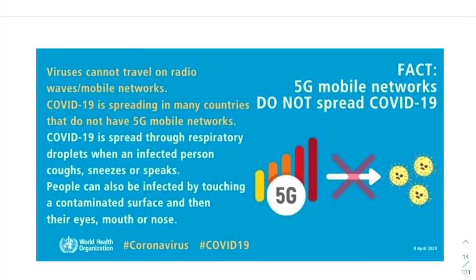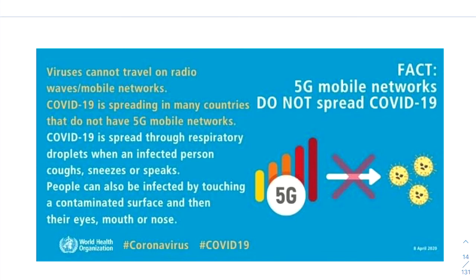Another query that came into the minds of people was that because Wuhan was a 5G town, and many countries where the virus was spreading also had 5G mobile networks, the query arose in the minds of people that 5G mobile networks may spread COVID-19.